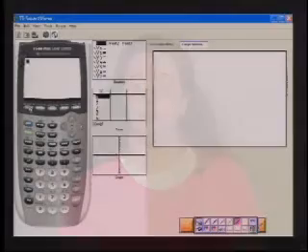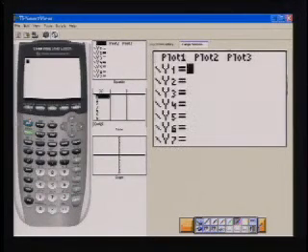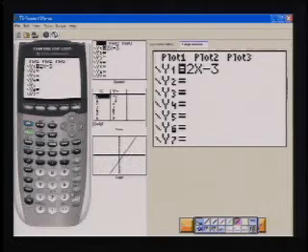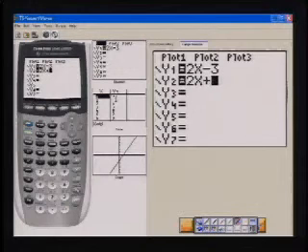But let's take a look just to be sure. Let's graph them and make sure that they look parallel. So I'll go to y equals. And for y1, I'll put my first equation, which is y equals 2x minus 3, and I'll hit enter to go to y2, where I'll put my second equation, y equals 2x plus 2.